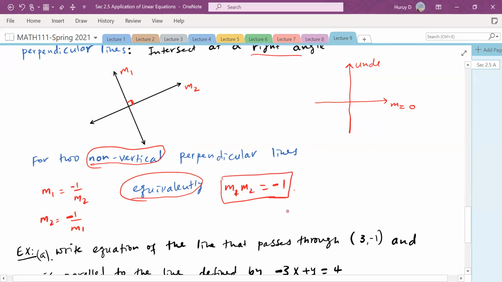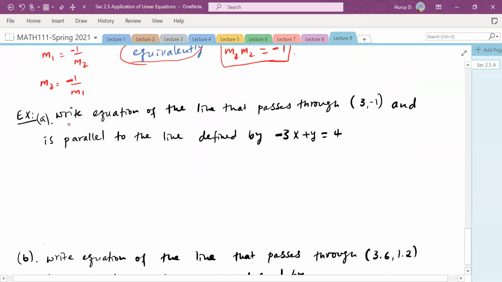So this is the relationship between the slope of the first line and the second line. When you multiply both of them, you get -1. So if I give you M2, you can find M1 using this relationship, or if you know M1, you can find M2.